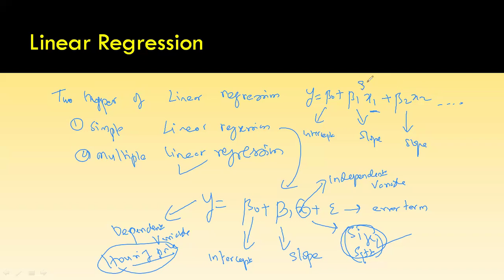For example, this is the size of the house and this is the age of the house. This slope is for the size, and this slope is for the age. For the size independent variable, the corresponding slope is beta 1. For the age independent variable, the corresponding slope is beta 2, and so on. So if you have more than one independent variable, we call that multiple linear regression in your model. Is it clear or not?